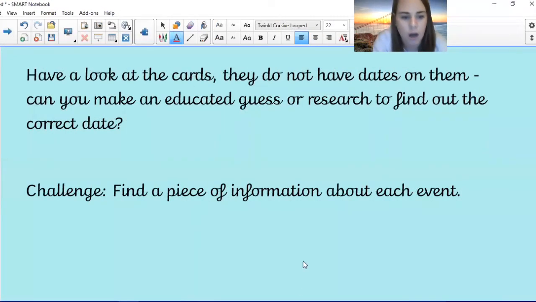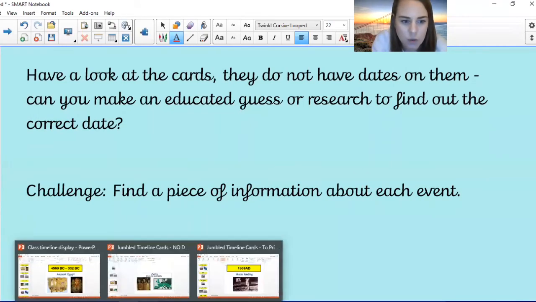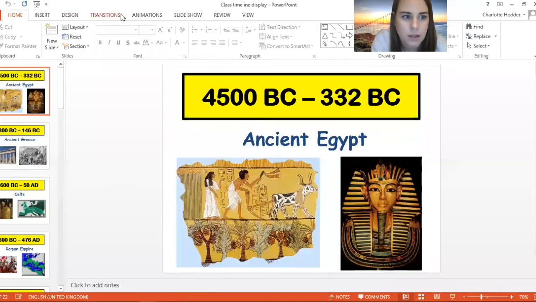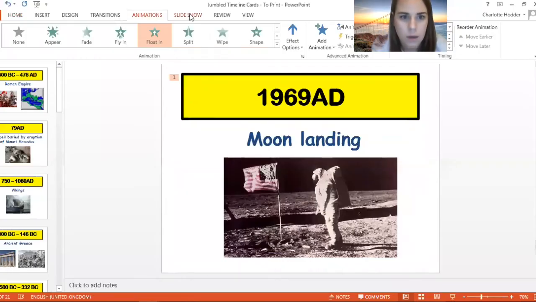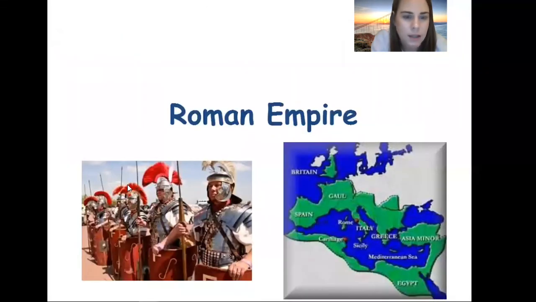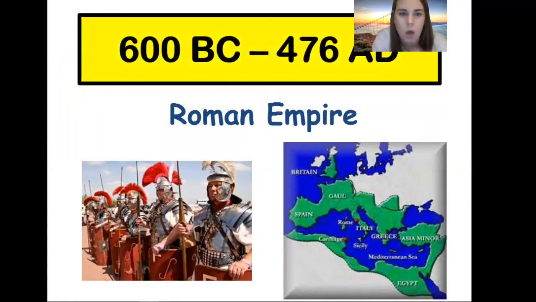Okay, super stuff. Hopefully you are back and you have had a go at some of those. That's not the correct one. So let's have a little look and see whether you were right. Please bear in mind these are not in the correct order, but the first one that we're going to look at is the Roman Empire, and the time for that was 600 BC to 476 AD, which I think is very different to what I had written down before.